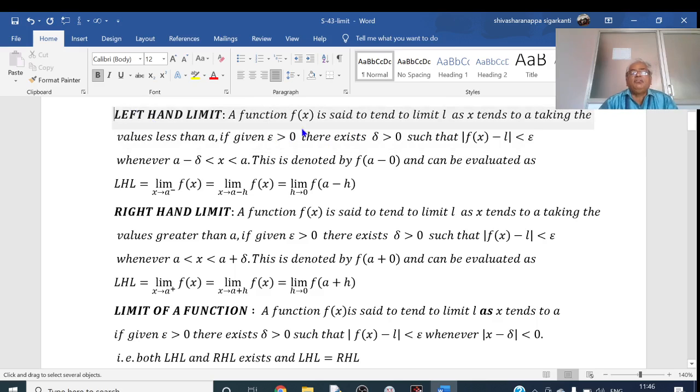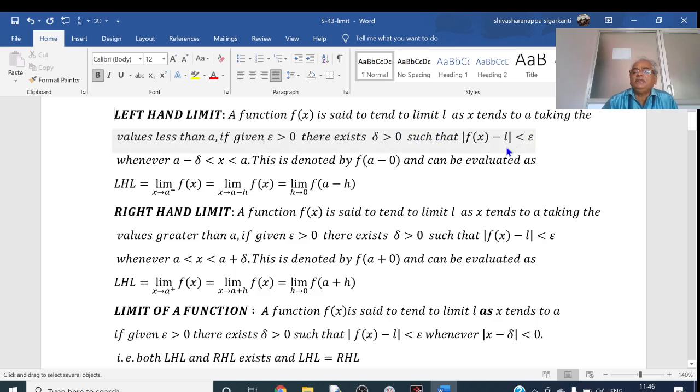Left hand limit: a function f of x is said to tend to limit L as x tends to A, taking the values less than A, if given epsilon greater than 0, there is delta greater than 0, such that mod of f x minus L is less than epsilon. Here epsilon is arbitrary; we can choose it as we please.